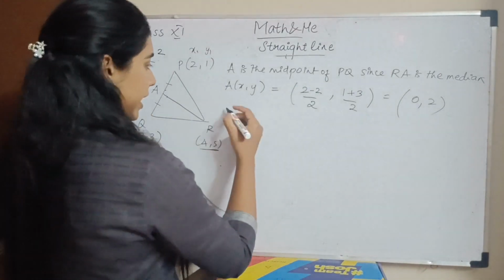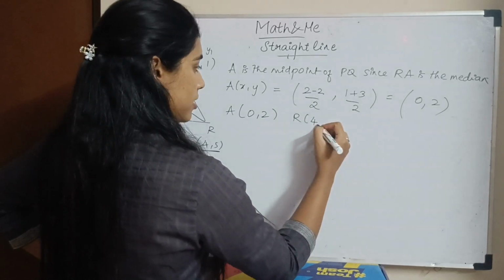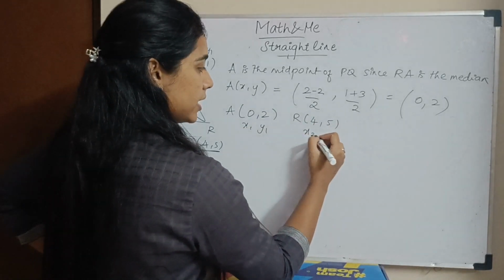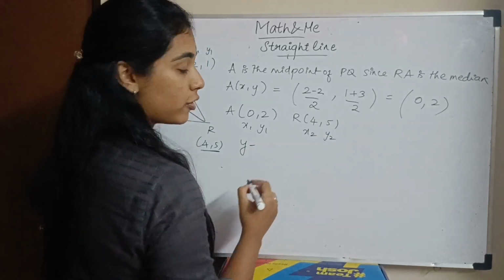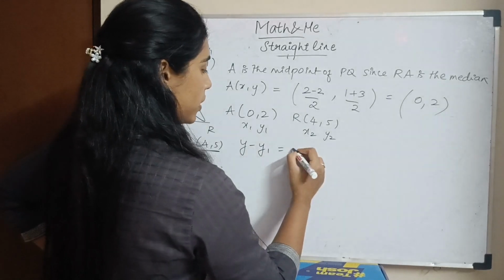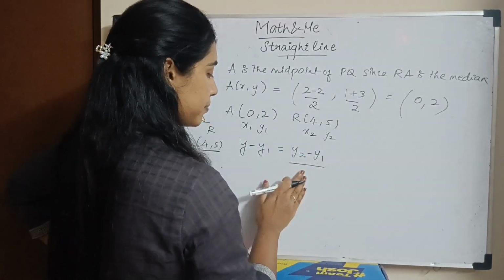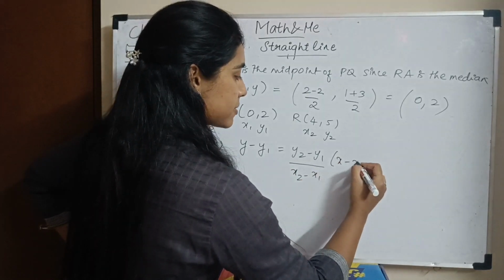So now you have A, which is 0, 2 and R, which is 4, 5. So now this is your x1, y1 and x2, y2. So using two-point form, you have y minus y1 equals y2 minus y1 divided by x2 minus x1 times x minus x1.